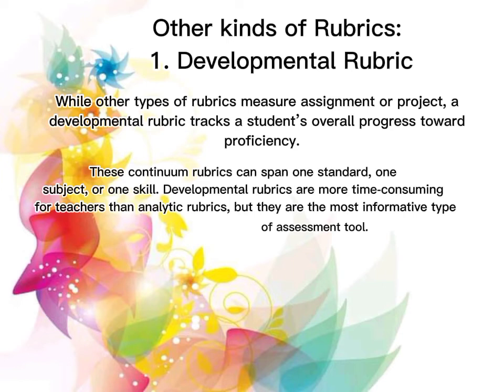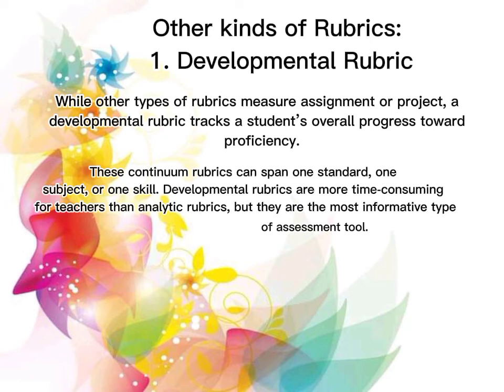Other kinds of rubrics. Number 1. Developmental rubric. While other types of rubrics measure assignment or project, a developmental rubric tracks a student's overall progress toward proficiency. These continuum rubrics can span one standard, one subject, or one skill.